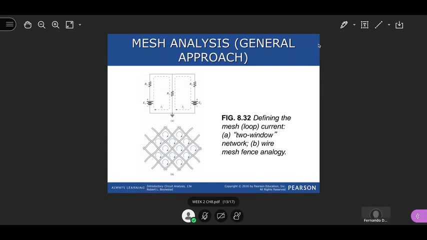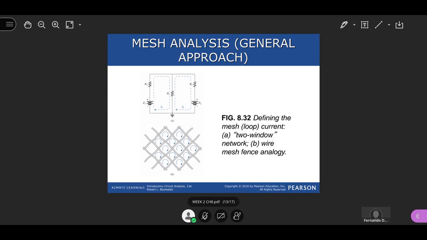The way to do this, we're just going again to assign two loop currents in the circuit. We will go around this loop, adding all these currents. So we're gonna go like this. Let's do one first.